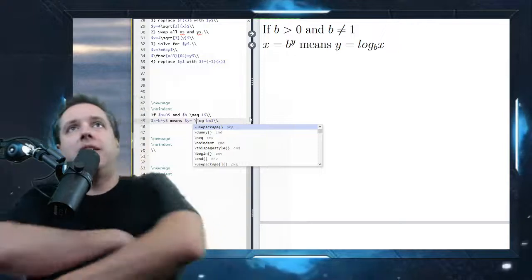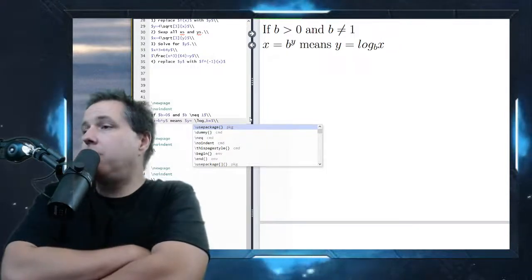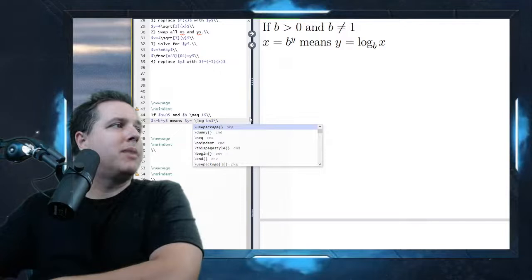Okay, so here's your basic definition. I'm sure it doesn't mean a lot to you at the moment when you're first looking at it, but let's try to make sense of it.